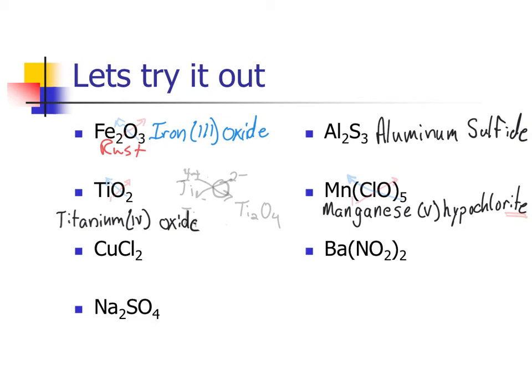Now, that isn't even going to be the name that you would find if you Googled it. If you Google it, you're going to get the name titanium dioxide. And then you're even more confused.